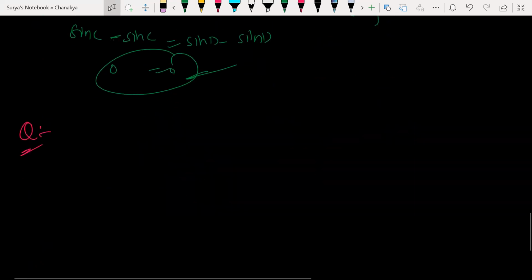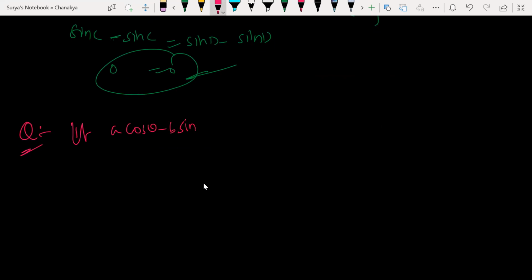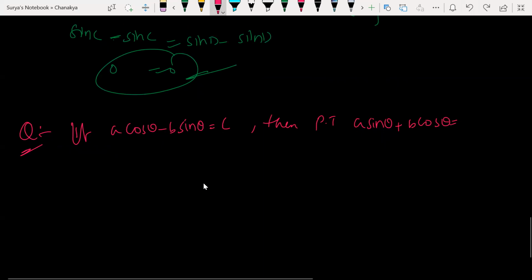Okay, fine. Next question. If a cos theta minus b sin theta is equal to c, then prove that a sin theta plus b cos theta is equal to plus or minus square root of a square plus b square minus c square.